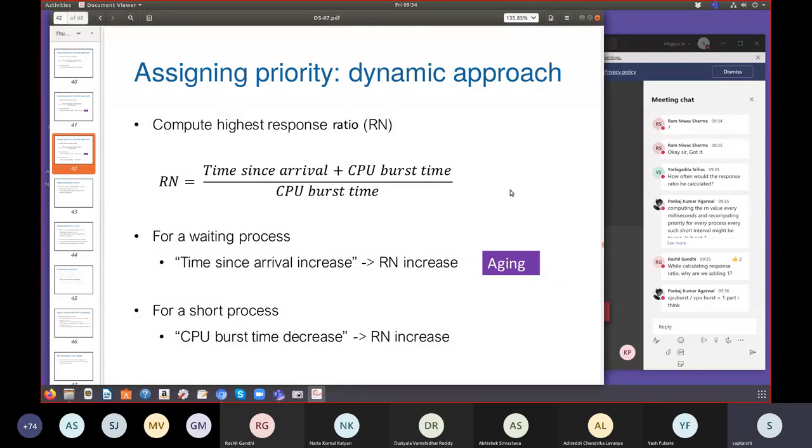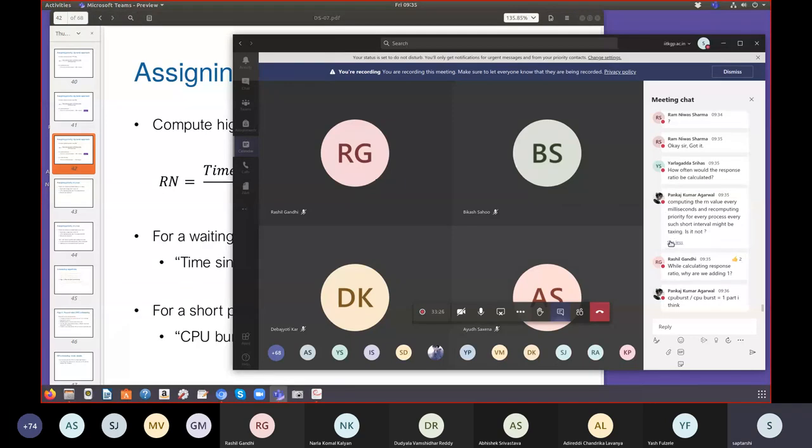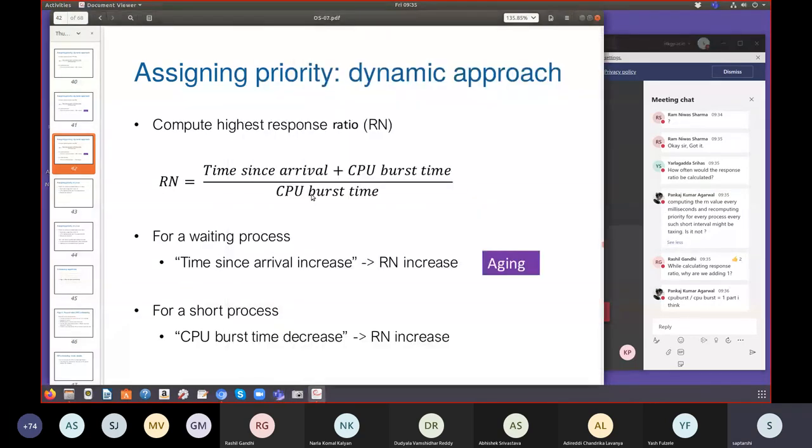Another question from Srihash is, how often would the response ratio be calculated? And I think Pankaj is asking the same thing: computing the Rn value every millisecond and recomputing priority for every process might be taxing. Yes, it may be.